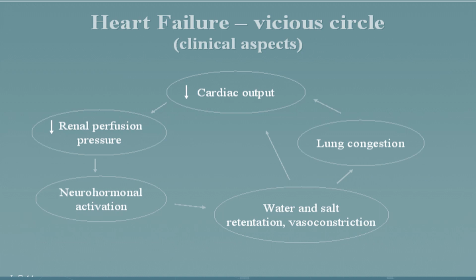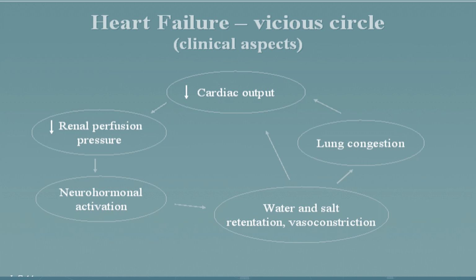So there will be neurohormonal activation. Okay, like there will be release of renin, angiotensin. Okay. Then there is water and salt. Because of this neurohormonal activation, there is water and salt retention, and there is vasoconstriction. Okay.